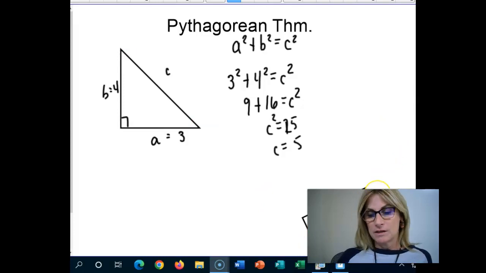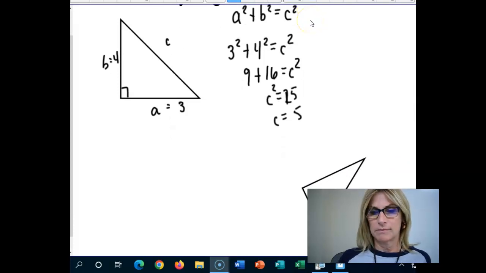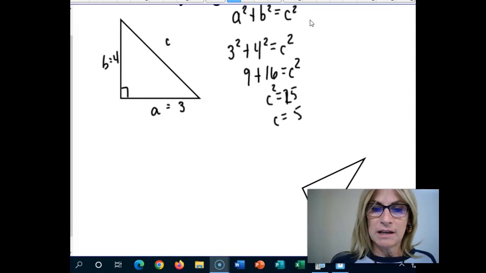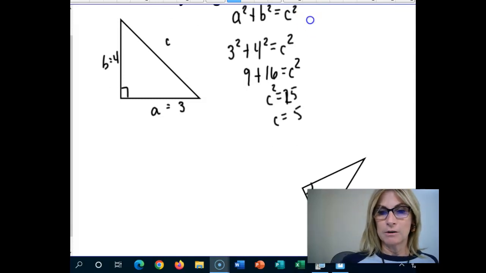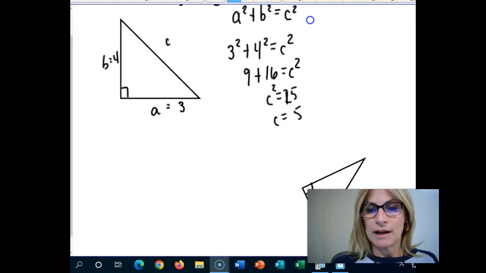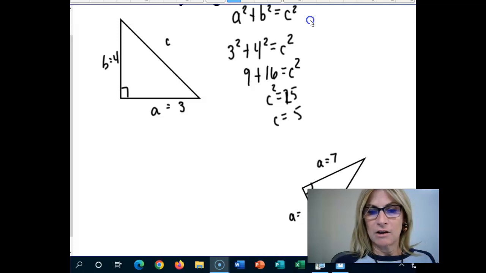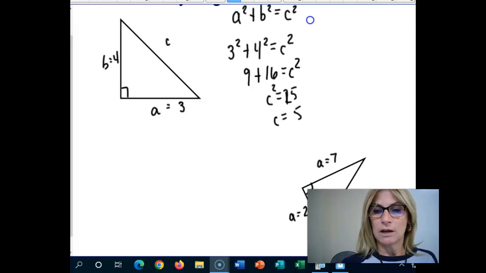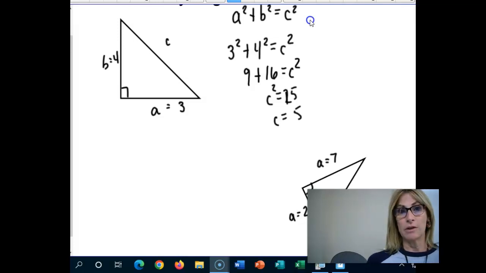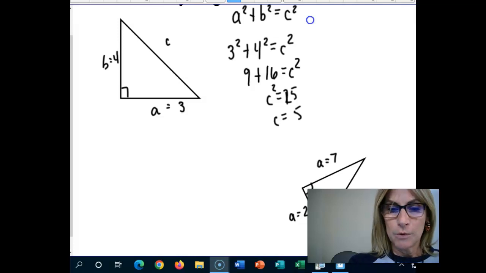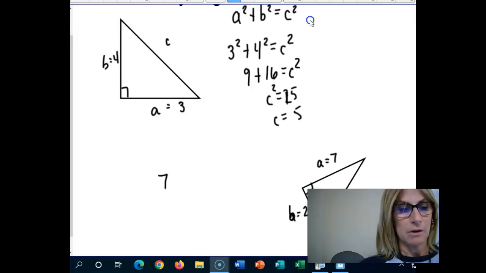anyway. So let's look at this other triangle. Okay, so this time our right angle is over here. And we'll say that we have a leg of 7 and a leg of 2. And we're looking for the hypotenuse again. So, oops, we'll make this one b. Okay. So, a squared plus b squared is c squared.